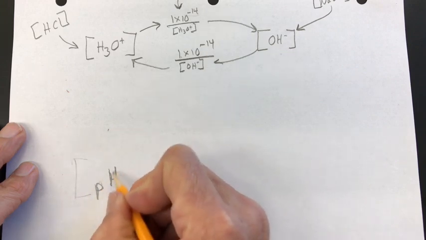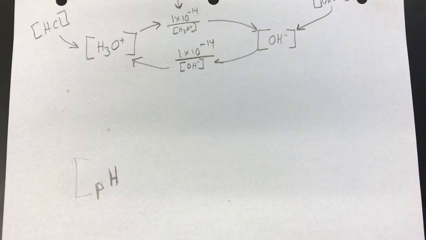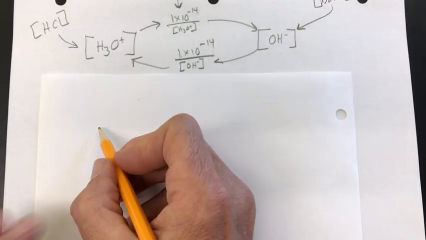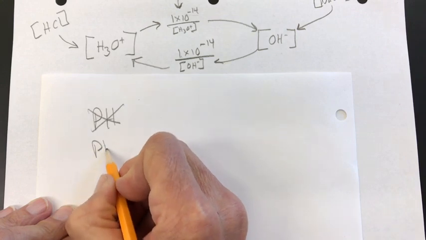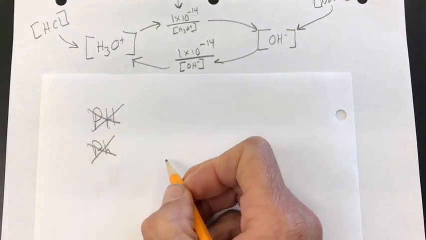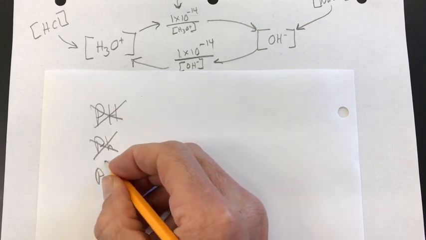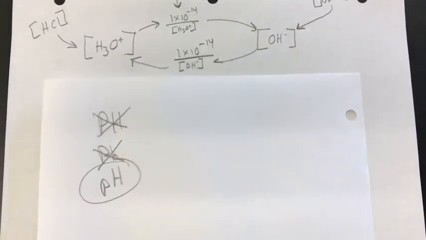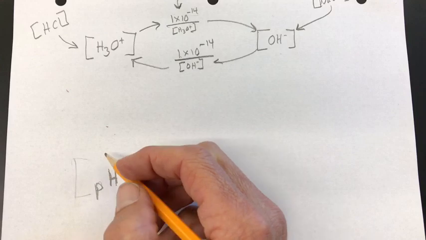Now, when it comes to writing it, don't embarrass yourself or anybody else by writing it wrong. Write it always the correct way, a lowercase p and a capital H. The power of hydrogen is our lazy way of saying 1 times 10 to the whatever.